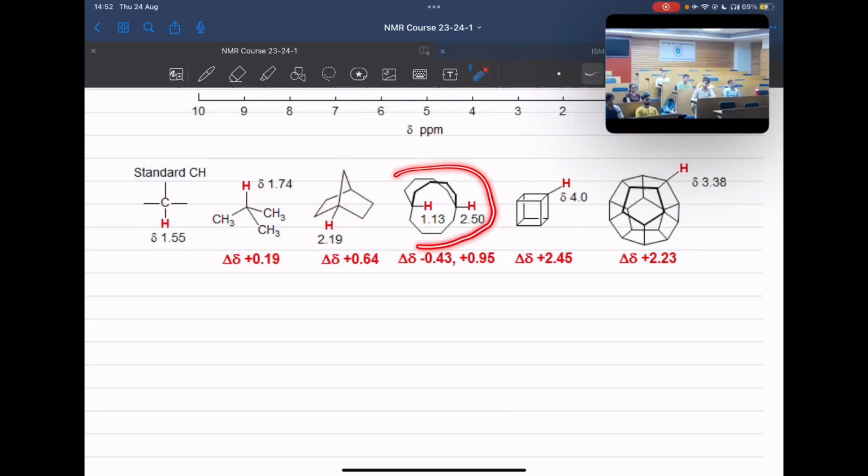Look at this extremely interesting ring where there are 2 protons present. Both are literally CH protons, where the other three bonds are carbon constrained by a ring, yet you see that the chemical shifts are quite different between them. And a super cool example is the cubane molecule, where the proton resonates at 4 ppm.